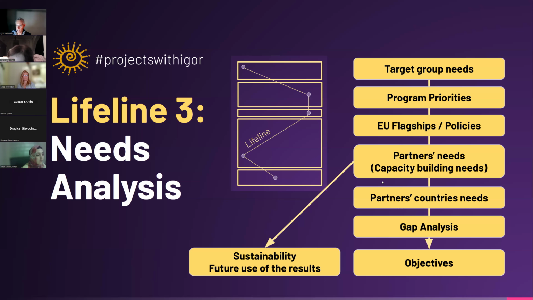So all of those things are written in different parts of the application. And that's why it's super difficult sometimes to put all those lines together. That's why at the end with the AI we can check: do we have the Lifeline for the needs analysis, which needs to put together all those things, and very easily it can say, oh yes, everything else is good, but you didn't explain what the partner country's need is, and you just need to add this.